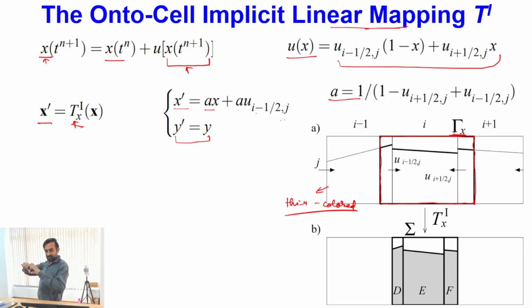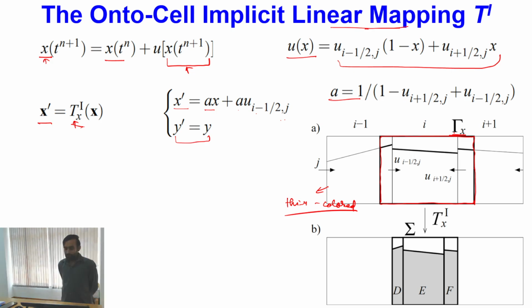Because of the stretching of the interface, it was the larger area. Whenever I consider this type of compression velocity, some portion of this cell will be moving here and some portion of this cell will be moving here. So this rectangle area gamma x is decided in such a way that it includes the shaded portion, which has to be shifted to the neighboring cells.